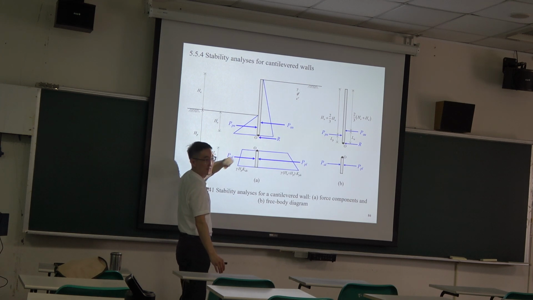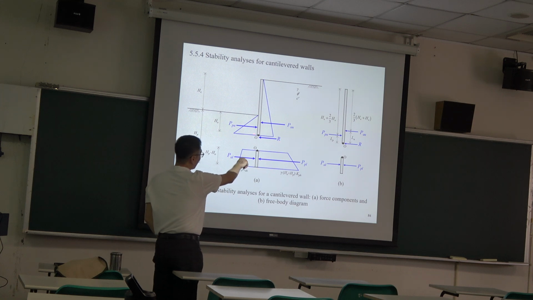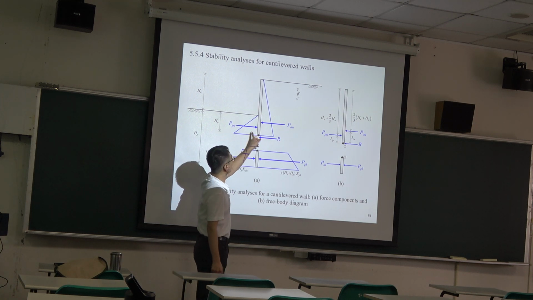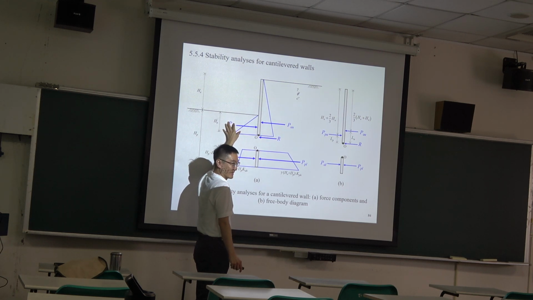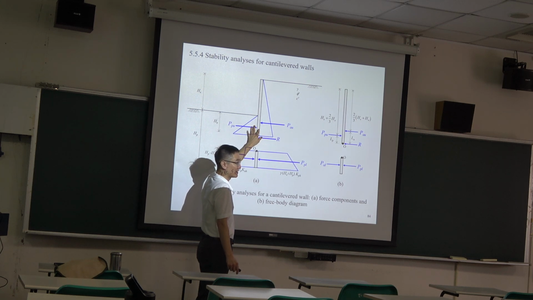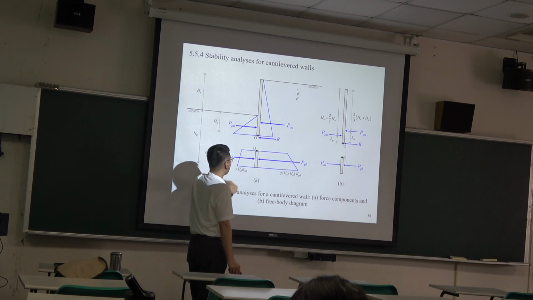So we will have an internal force to balance. Anyway, they should achieve equilibrium. If they don't achieve equilibrium, that means this wall is moving, which is not reasonable. So we will have an internal force here.